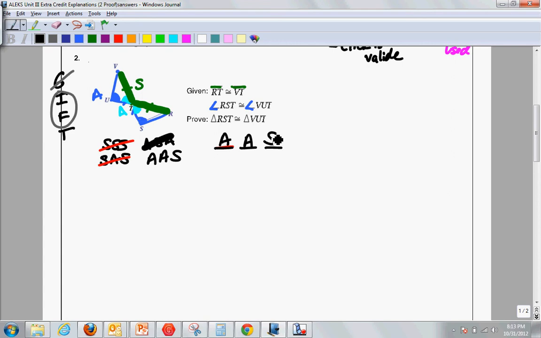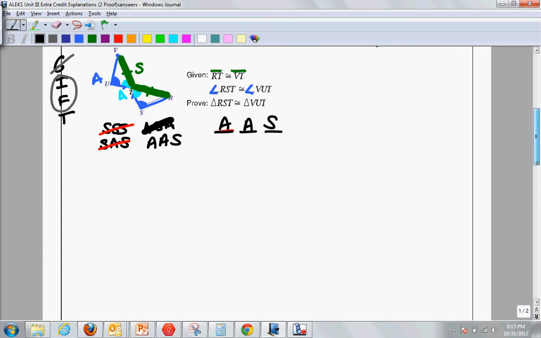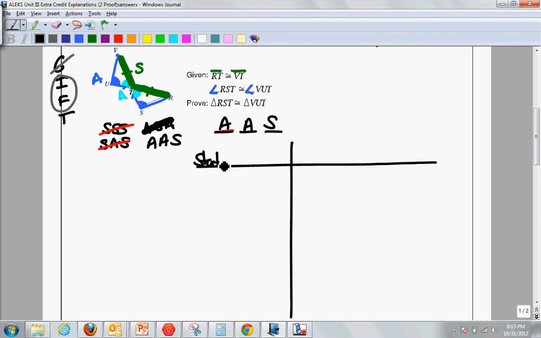So let's work with that one. So again, we're shooting for angle, angle, side here.